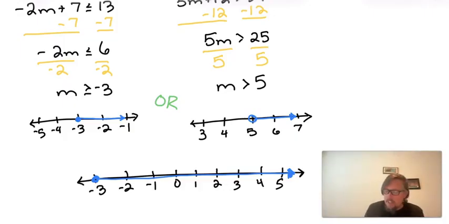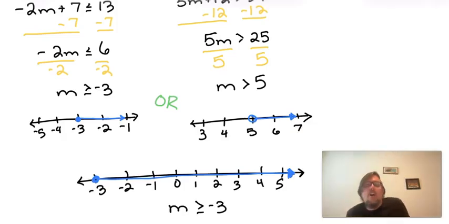Likewise, just saying m is greater than or equal to negative 3 also includes m is greater than 5, because numbers that are bigger than negative 3 are also bigger than 5.